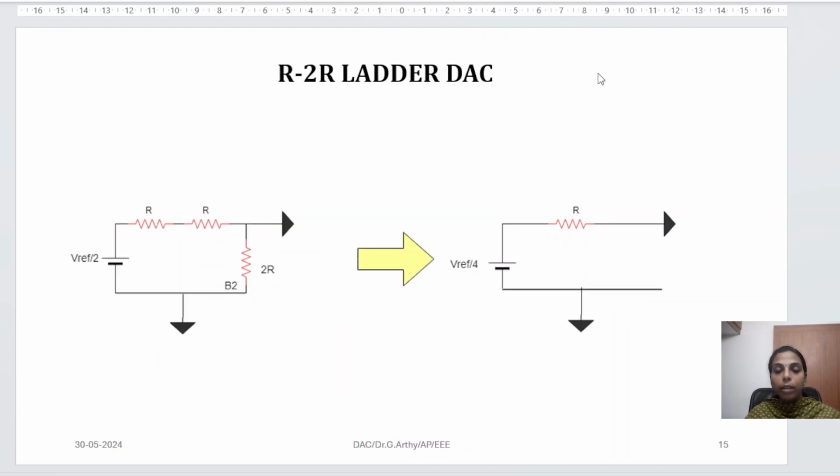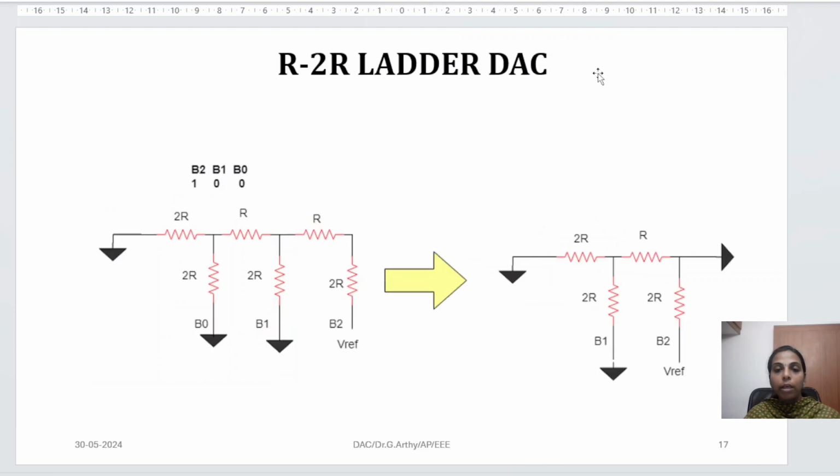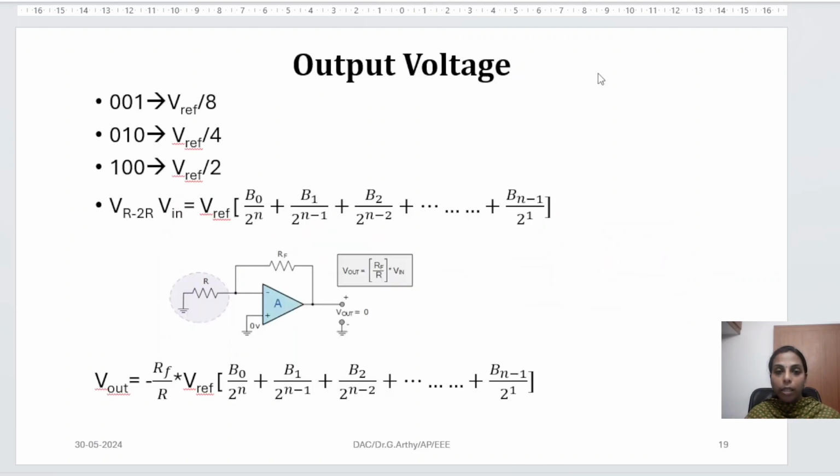Now consider another example after making connections. When the LSB is 1, the reference voltage is V reference by 8. When the second bit is 1, it becomes V reference by 4. And the MSB, when it is made 1, it is V reference by 2.